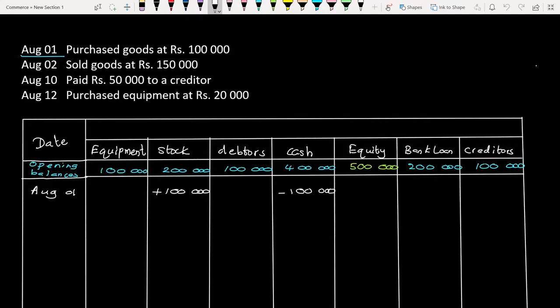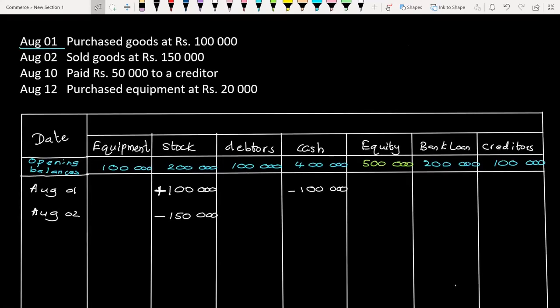The second transaction occurred on 2nd of August. It sold goods at 150,000. Sold goods means stock decreases. So in the stock column, minus 150,000.